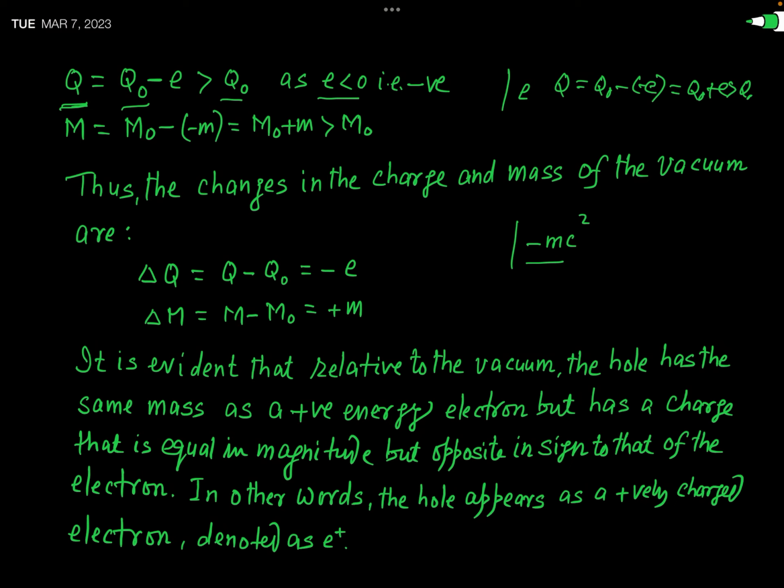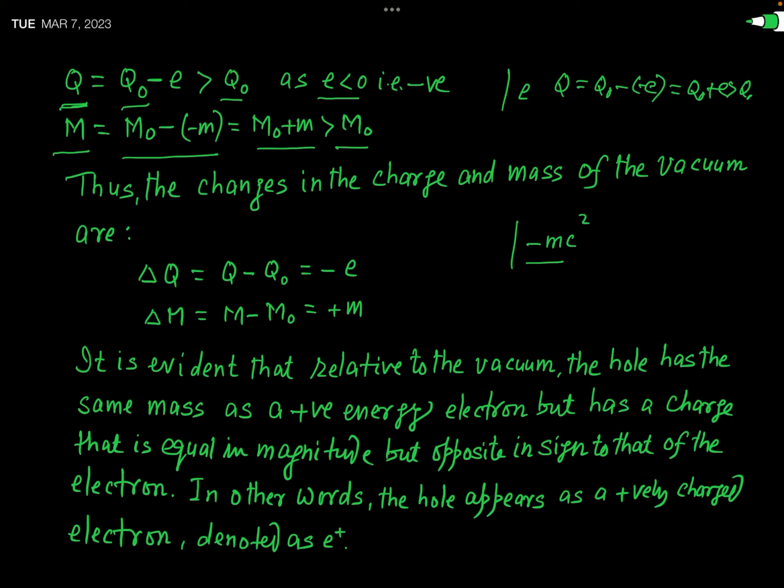So after ejection of that electron from the negative energy state or vacuum, the mass of the remaining vacuum will be M, equal to the initial mass M₀ minus (−m). So this will be M₀ plus m, and so this is greater than M₀.